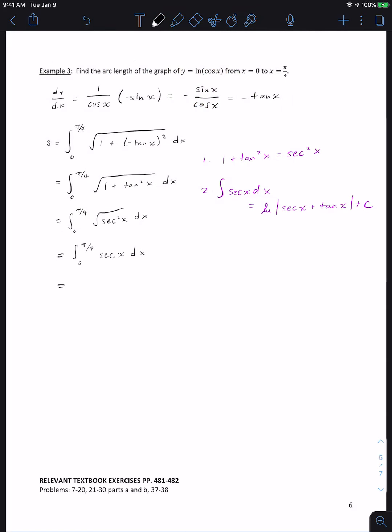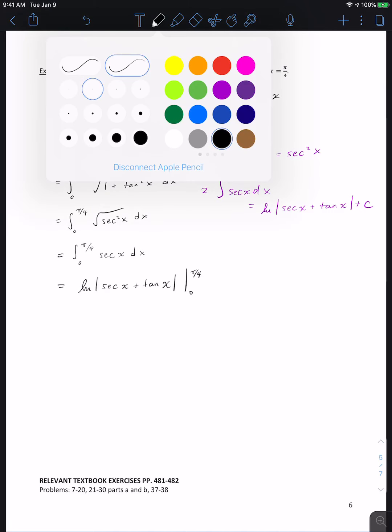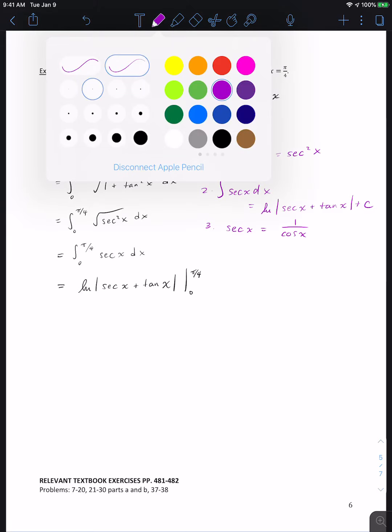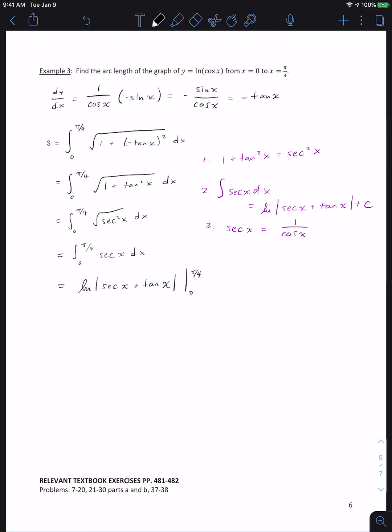So plugging that into our problem here, we get ln of secant x plus tangent x evaluated from 0 to pi over 4. Actually, I take that back. We need to know one more thing, that secant x is equal to 1 over cosine. This will help us because most of the time we're familiar with cosine and sine of our important angles like pi over 4 and 0, whereas we're not as familiar with what secant is off the top of our head.